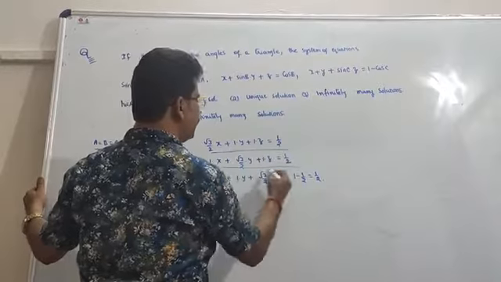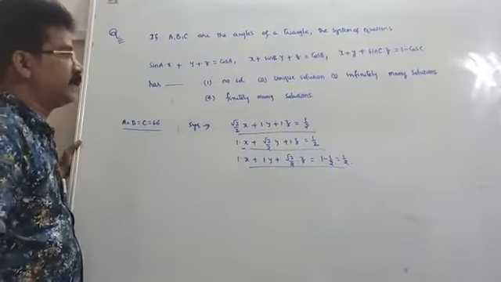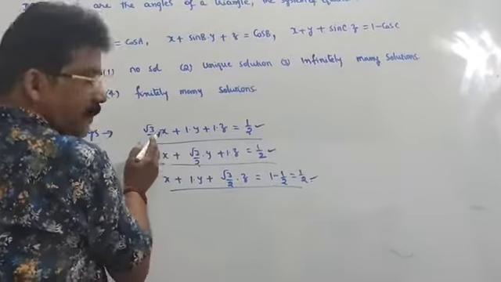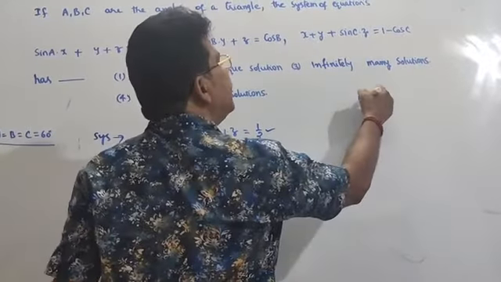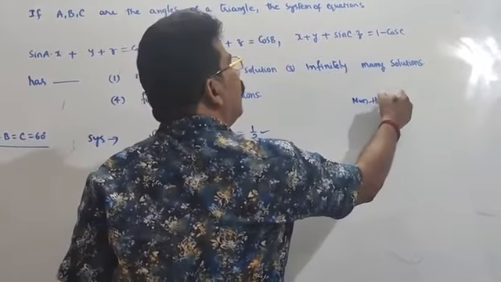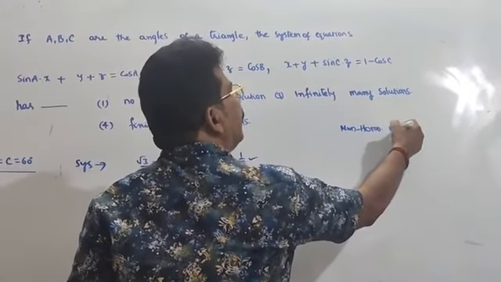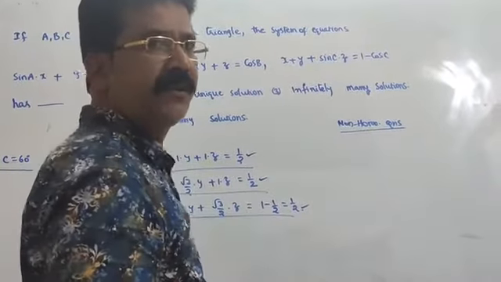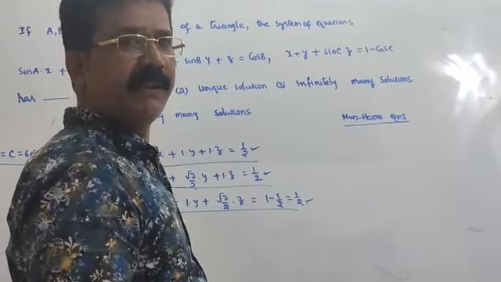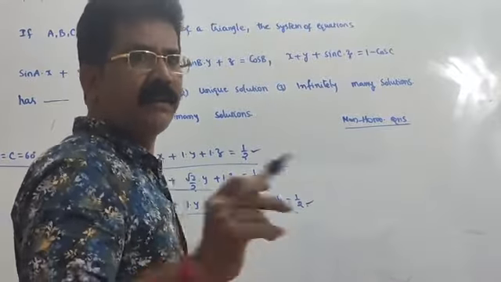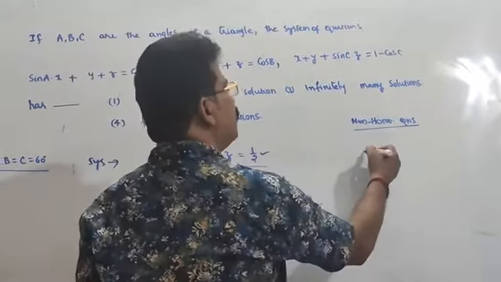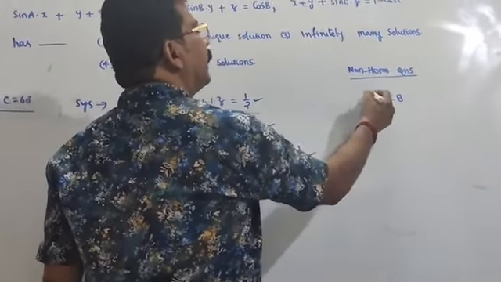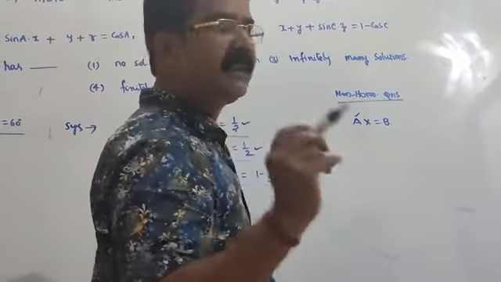So we have 3 simultaneous equations, and on the RHS constants are there. Therefore this is a non-homogeneous system of equations. Already I said the conditions for the number of solutions in non-homogeneous systems. Once again I wish to recall the conditions. Non-homogeneous means it can be written as AX equals capital B, where capital A is the coefficient matrix.